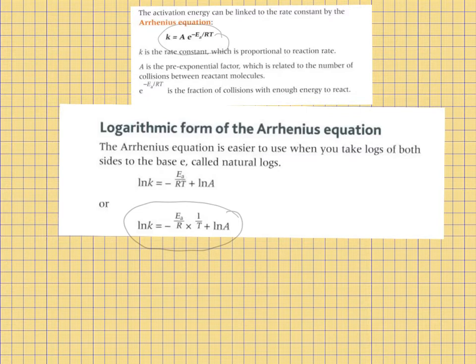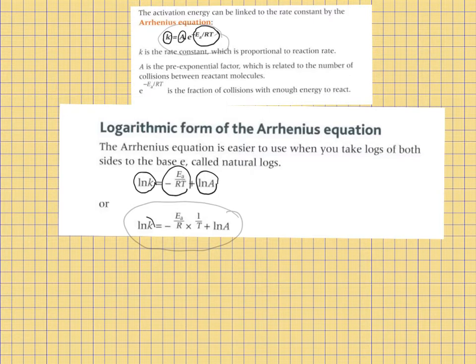So we're going to take logs of both sides. If we take the log of k, that now becomes natural log of k. If we take the natural log of A, the pre-exponential factor, and if we now take the log of the exponential term, we can bring the power down, and it becomes minus EA over RT.